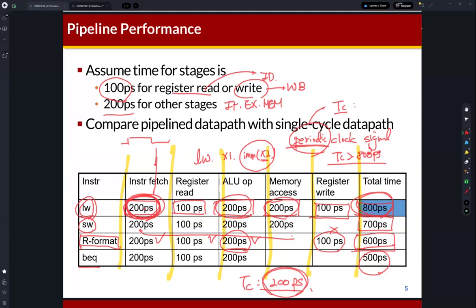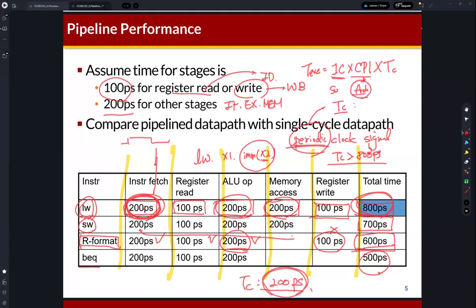And then we can also use this performance equation: T, the execution time, is the instruction count multiplied by CPI multiplied by TC. The instruction count is determined by software. CPI is determined by architecture.